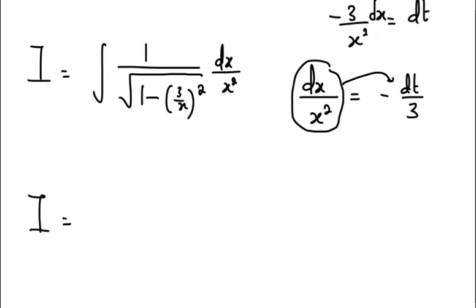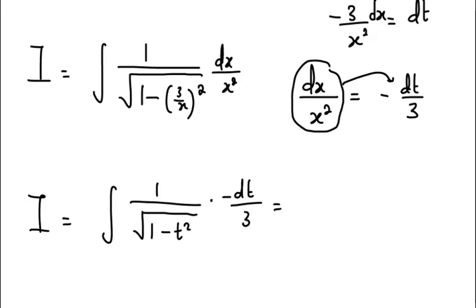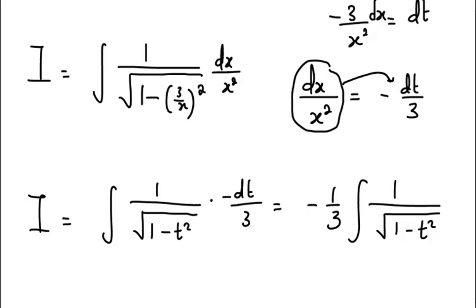So our I is going to be equal to the integral of 1 over, so this is square root of 1 minus t squared. Dx over x squared is equal to negative dt over 3. So this is going to be equal to negative 1 over 3 multiplied by the integral of 1 over the square root of 1 minus t squared and then dt.